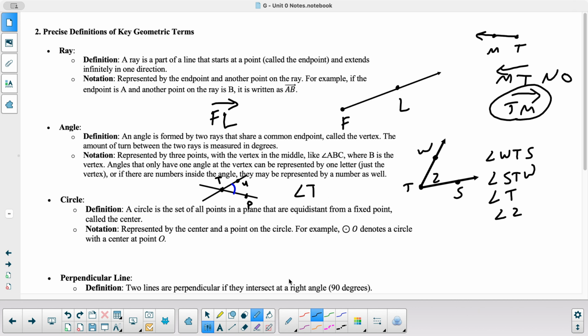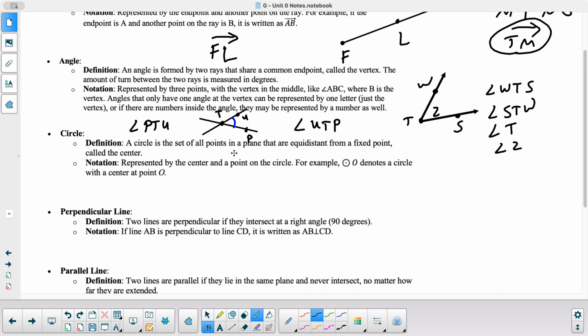So we have to call this angle UTP or angle PTU. Okay, either one of those would work there. Or if there's a number in the middle, you could do that also.